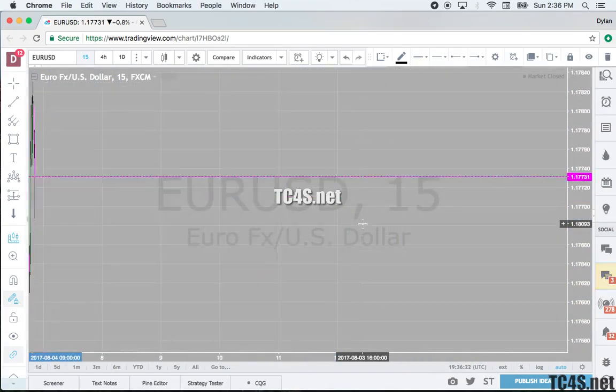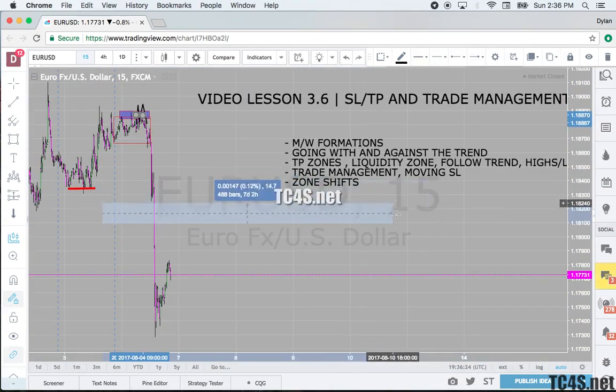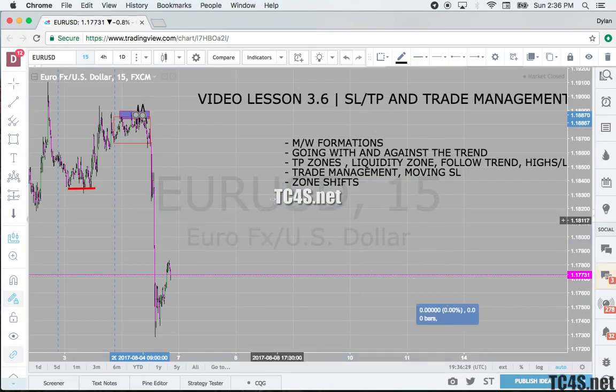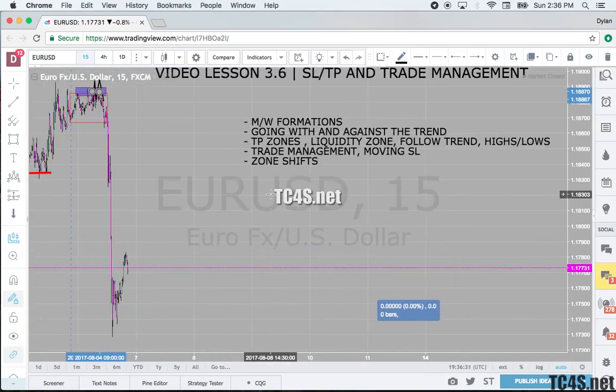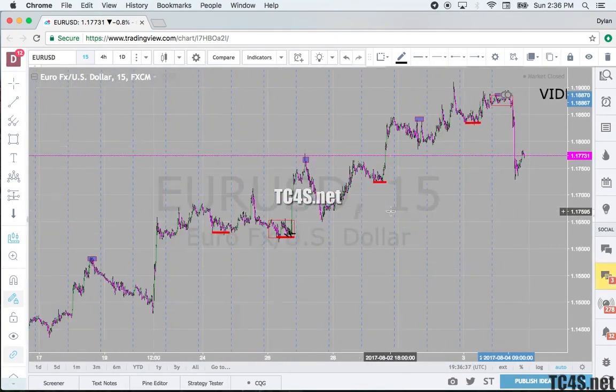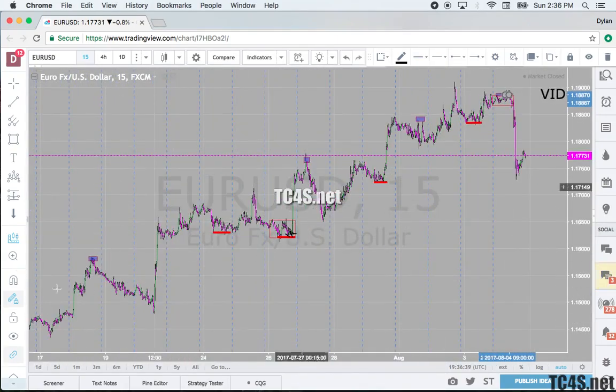So I've gone over mostly everything I can think of, besides really managing your stop loss, or I should say managing your trade when going with the trend.